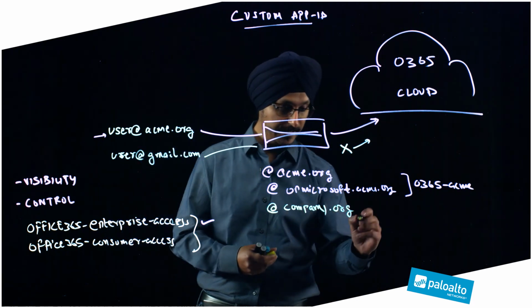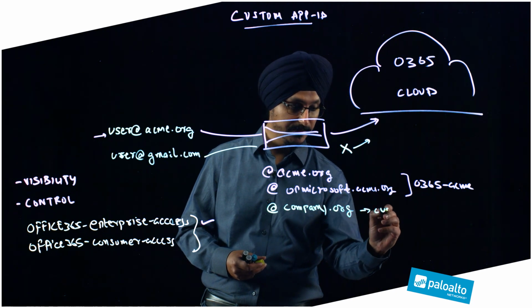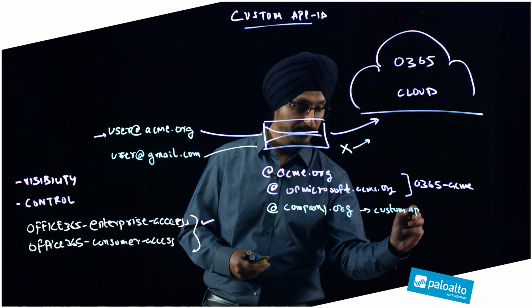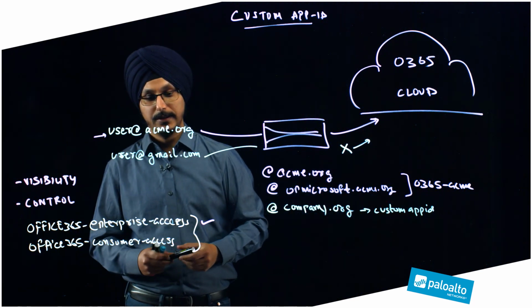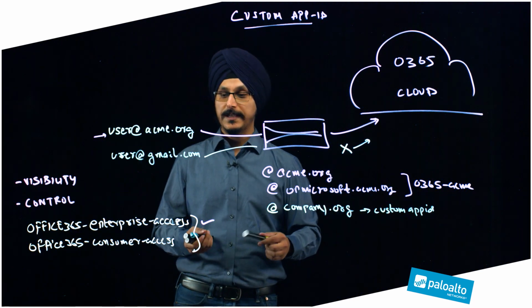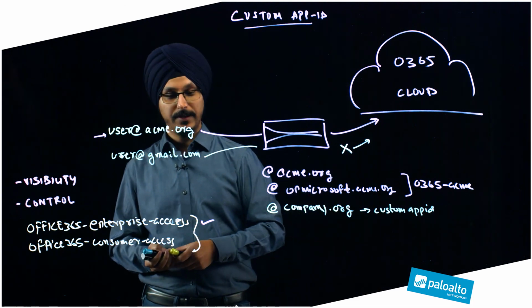This can be created as another custom app ID on the firewall and referenced in policies. So with this use case, you'll be able to control and have visibility on who you really want to allow access to Office 365 at any given time.